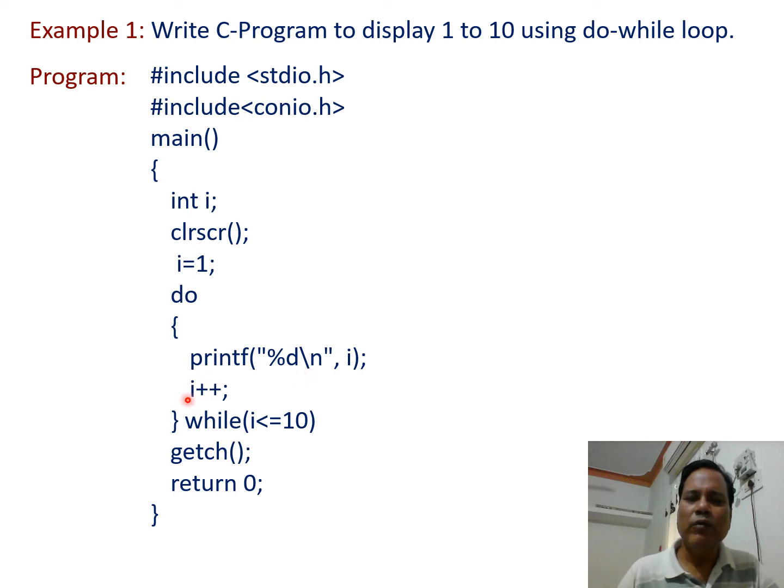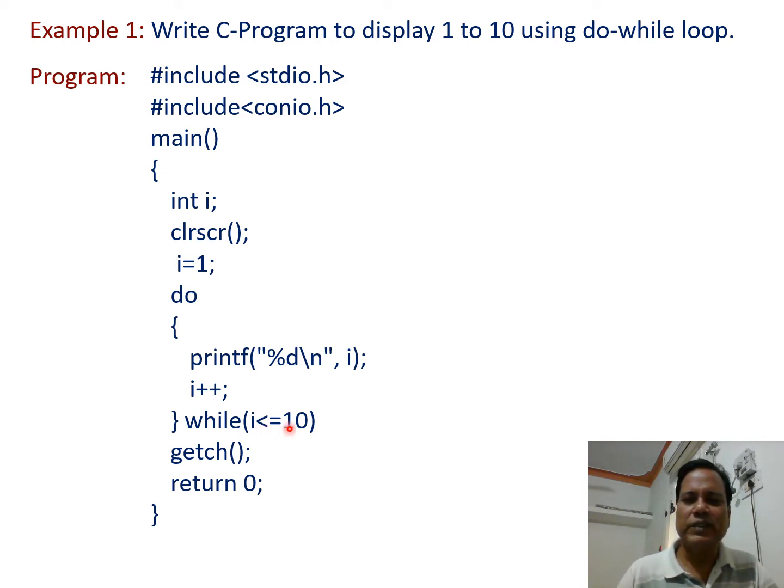Then the value of i is incremented. This value becomes now 2. After that, the condition written after the close brace of the do while loop is tested: while 2 less than or equal to 10. If this condition is true, then the body of the do while loop is executed again.